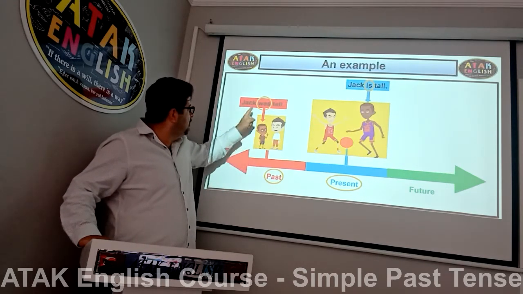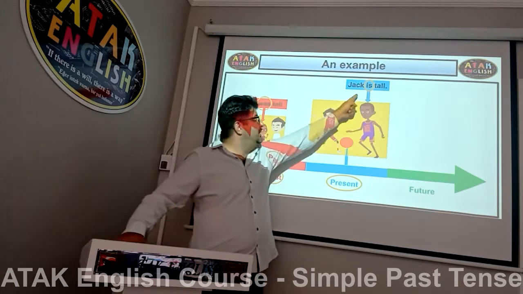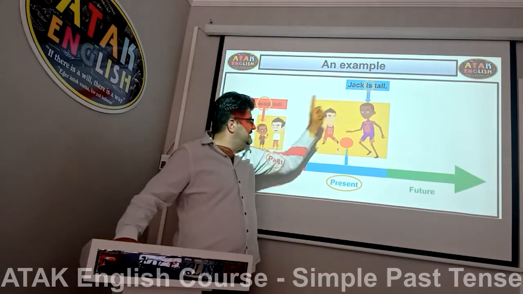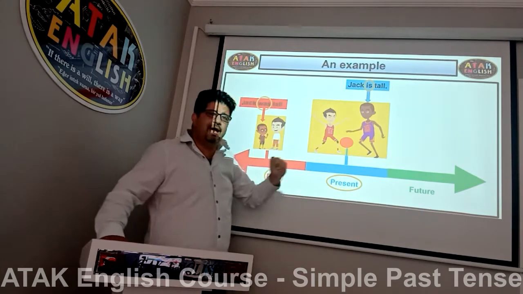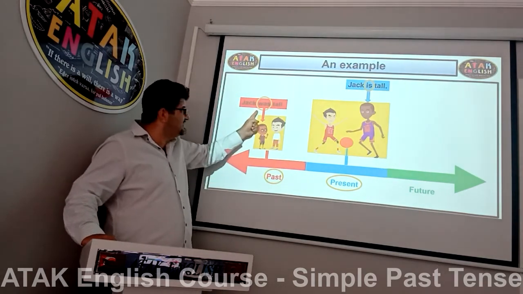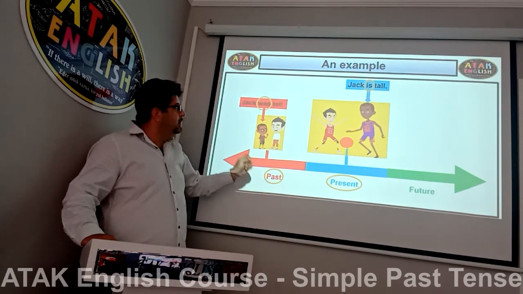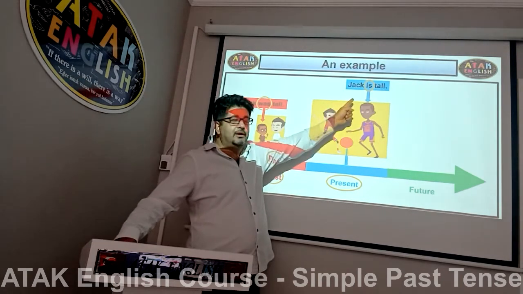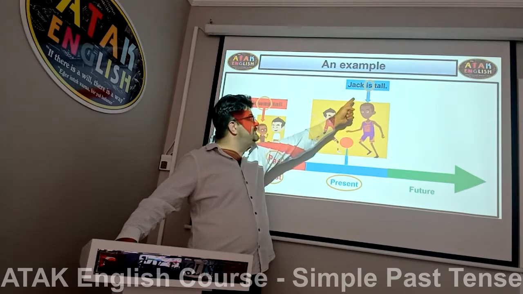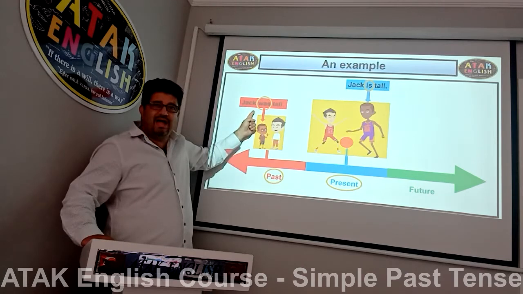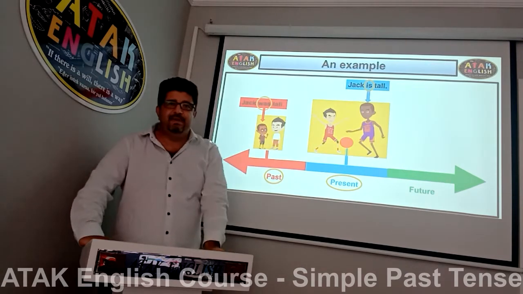Why do I put was this time instead of is? Because I use is in present while I use was in past. So, the verb here is to be, and the present form of to be, is, becomes was as the past form.